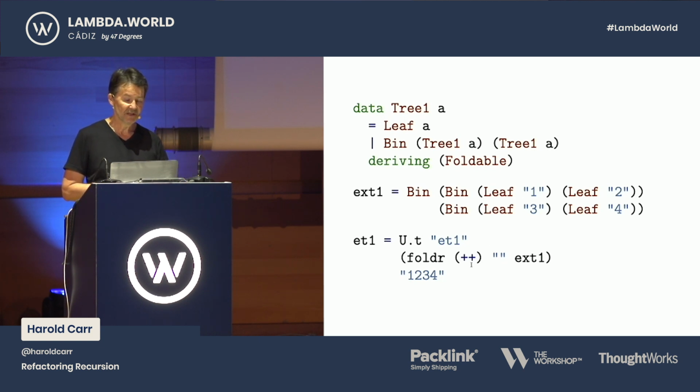And then I run ++ on these strings, it concatenates them all together, 1, 2, 3, 4. So that was done for you automatically. You didn't have to do a thing. So that's one way to factor recursion out of your data structures: derive Foldable, also derive Traversable.